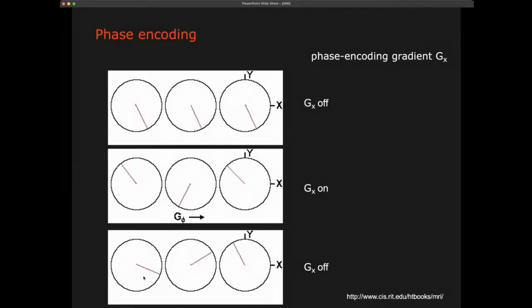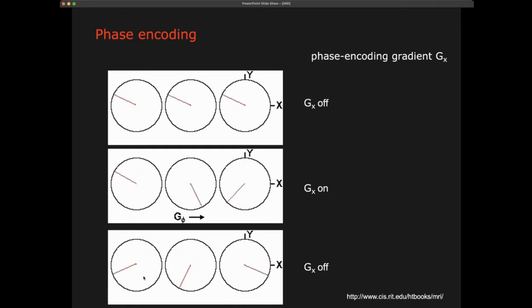So I have now phase encoded the position. Depending on the position of the proton in the X direction, I have changed its phase. And since with my coils I measure both the amplitude and the phase of the signal, depending on the phase that I measure, I now know in which X position we are.